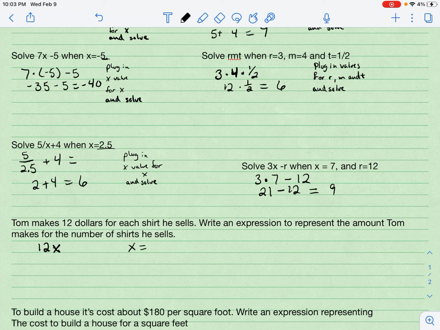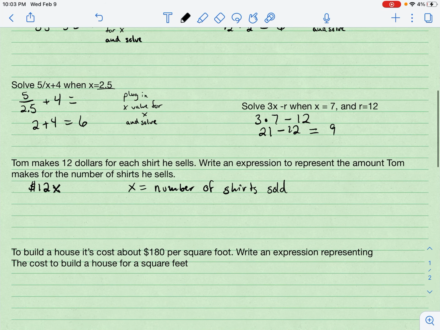So here we're just going to say x equals the number of shirts sold. So you got your $12 times the number of shirts that Tom sells. We don't know how many he'll sell, but whatever he sells, you're just going to times that by 12, and that'll give you the amount that Tom makes in selling t-shirts.